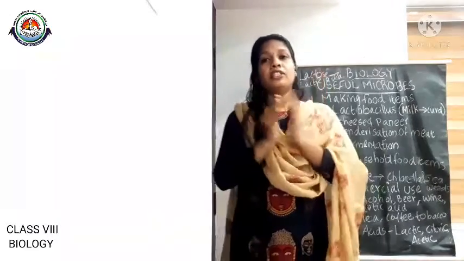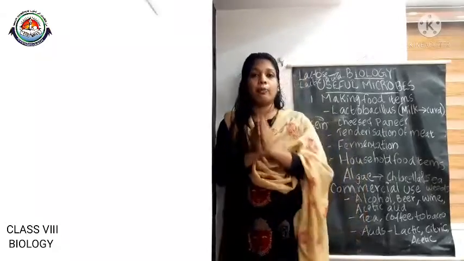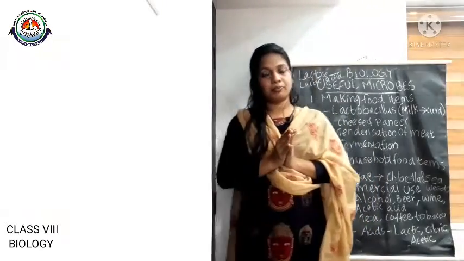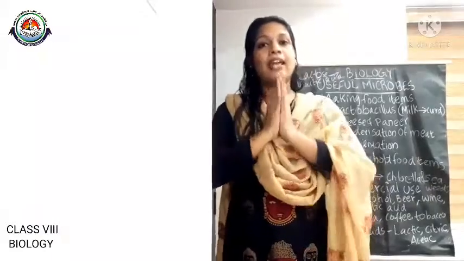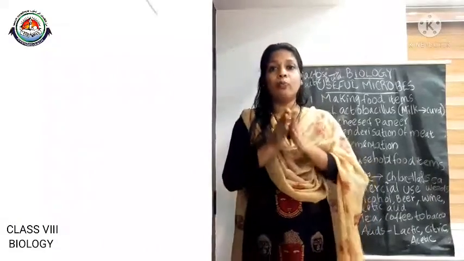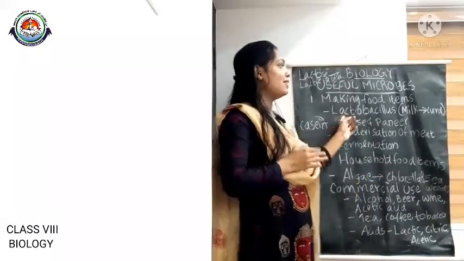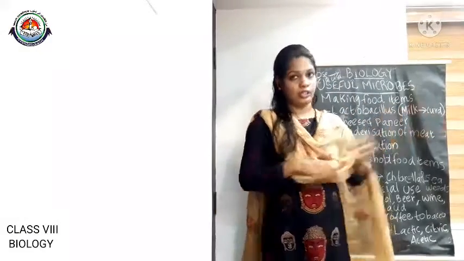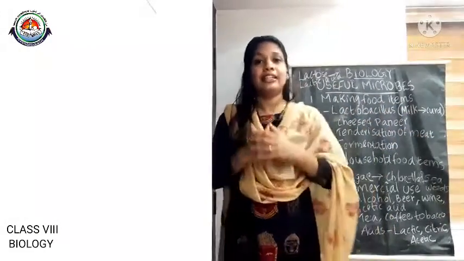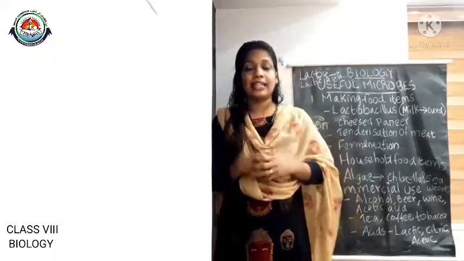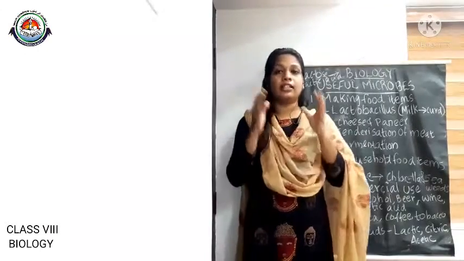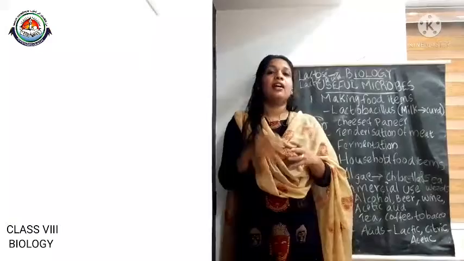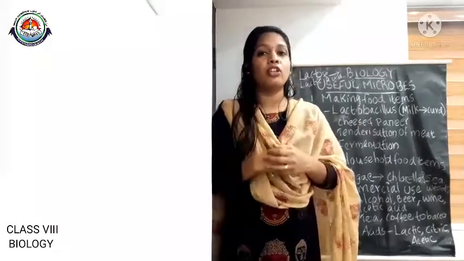Okay, first thing is curd, which is prepared from milk by a bacteria called lactobacillus, helping in the conversion of milk into curd. Milk contains a protein called casein, and when the coagulation, the clumping of casein happens, it leads to the formation of curd.